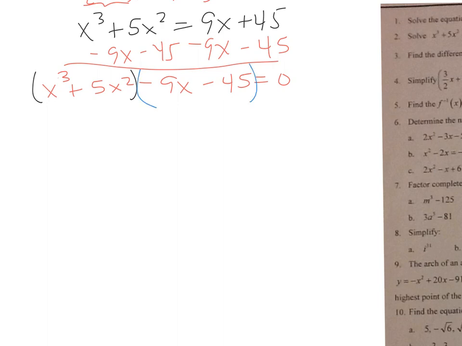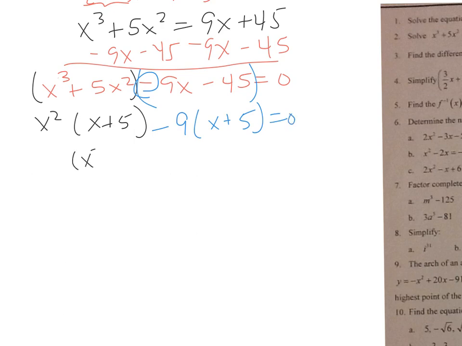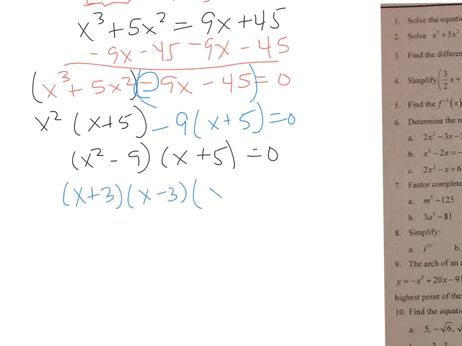I notice that the GCF of the first 2 is x squared, and I get x plus 5. There's a minus here, so I bring out the minus. The GCF is 9 times x plus 5. So my factors are x squared minus 9 and x plus 5. Notice again, in this problem, I have the difference of 2 perfect squares. So I get x plus 3, x minus 3, and x plus 5 equals 0.